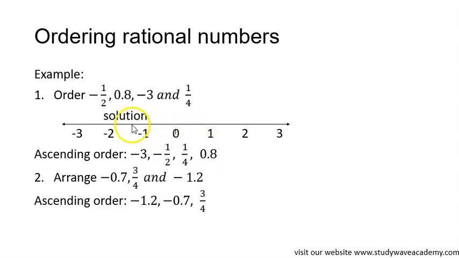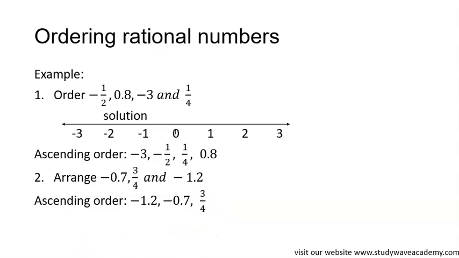So the first one we have is minus 1.2, the next is minus 0.7, and the next is 0.75. So in ascending order, from the smallest, we have minus 1.2, minus 0.7, and 3 over 4. Okay, do you understand? From the smallest to the biggest. So this is how you arrange your rational numbers in ascending order.